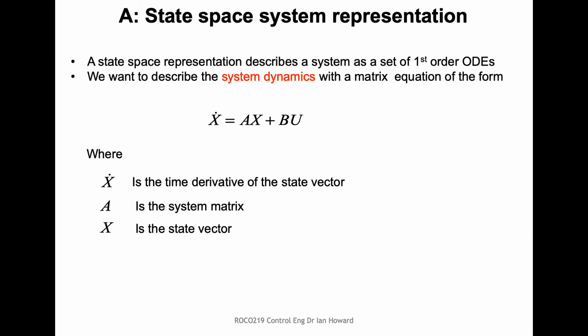Again, this is going to be a column vector with one element per state. B is multiplied by the control input, so it's the control input matrix, which tells us how the control input contributes to x dot, and u is the control input itself.